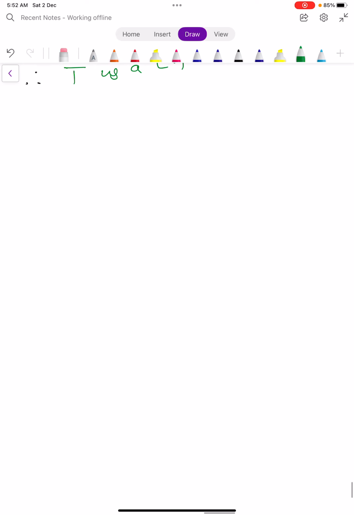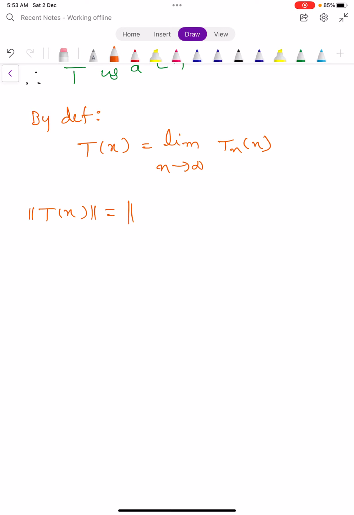Now we show that T is continuous. By definition, T of x is equal to limit n tends to infinity Tn of x. Norm T of x is equal to norm limit Tn of x, which is equal to limit norm Tn of x.